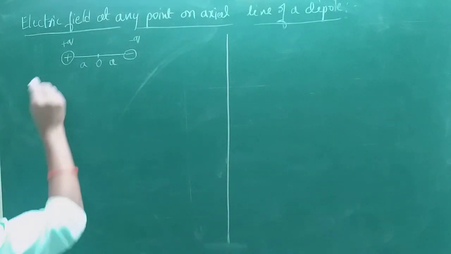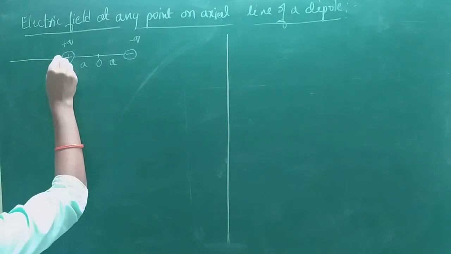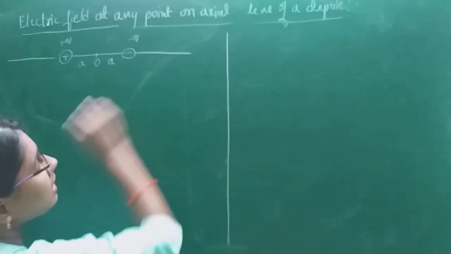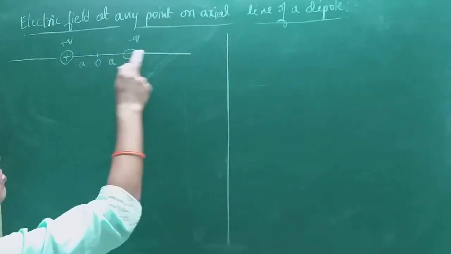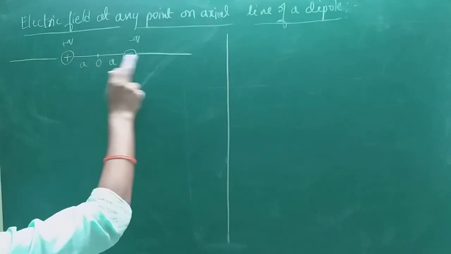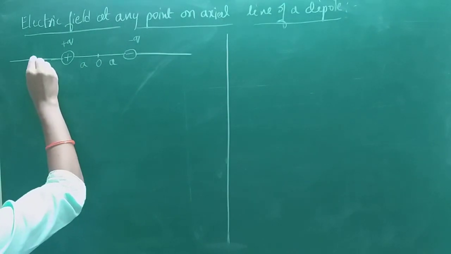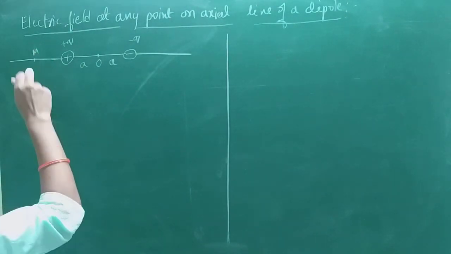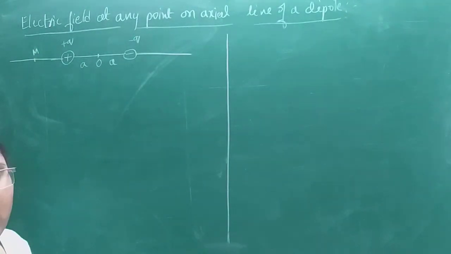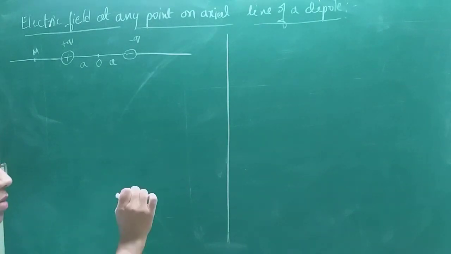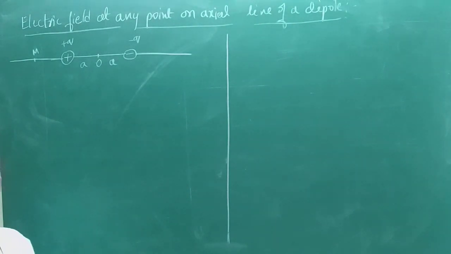Now, let us consider any point on this axial line. The axial line is a line passing through the axis and dipole center of a dipole. So now consider any point M. We call it an observation point. An observation point means any point at which we can find the electric field.